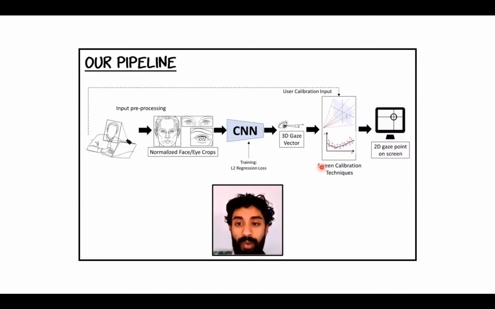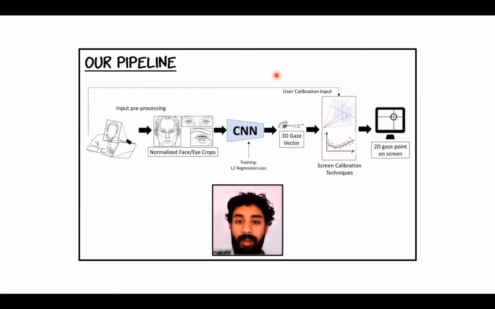Now, as mentioned before, what we really need are 2D gaze points on the screen where the person is looking. In an ideal situation, we would know the exact physical relationships between the camera and the screen, for example, where the camera is placed with respect to the screen. However, in real-world situations, this relationship is usually not known. To roughly estimate this, we make use of user-assisted screen calibration techniques.